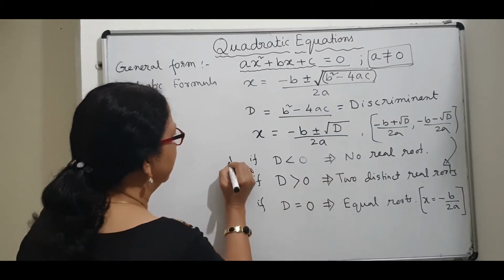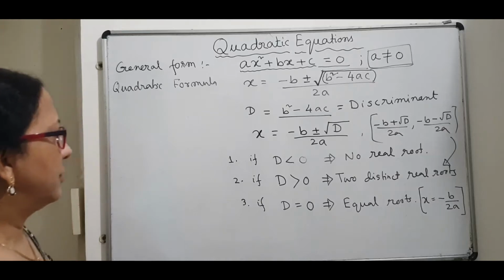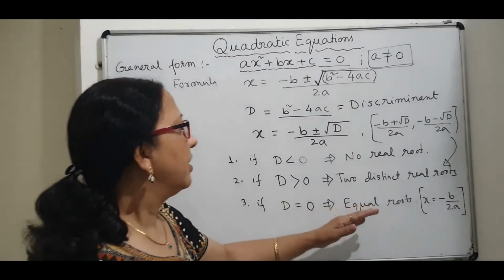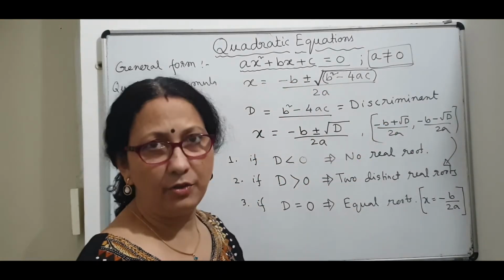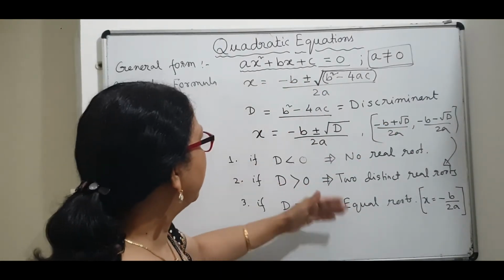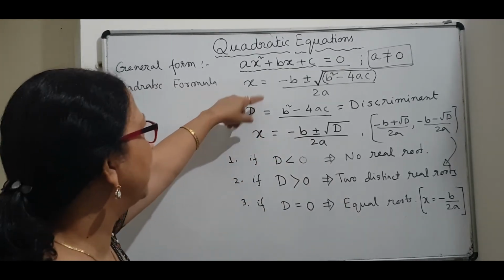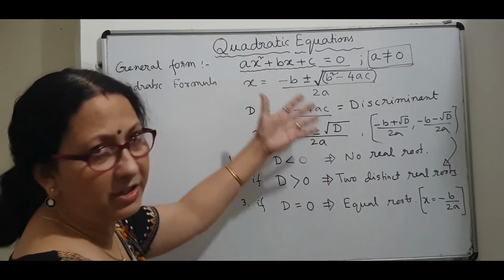So checking these three conditions tells us about the nature of roots of the quadratic equation without solving it. This is a very important term, the discriminant D, which discriminates about the nature of roots. Let us see the applications of this.